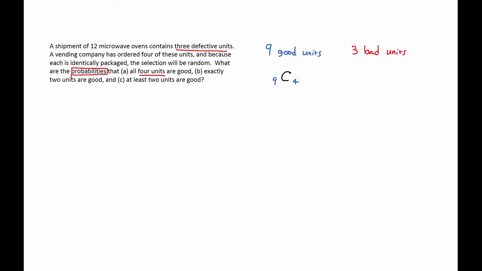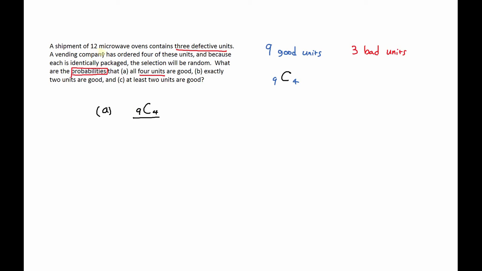Now when I go to the 3 bad units, you can just disregard that for A because we're not concerned with that. So for part A, we will have 9C4 on the top. In other words, every time you solve the probability question, the simple probabilities, you have to put the desired number of ways on the top and the total number of ways on the bottom.